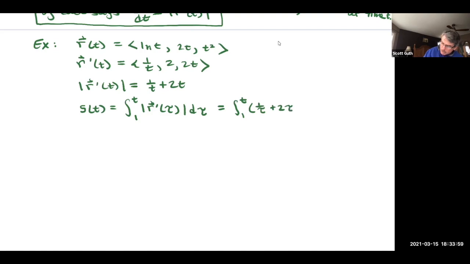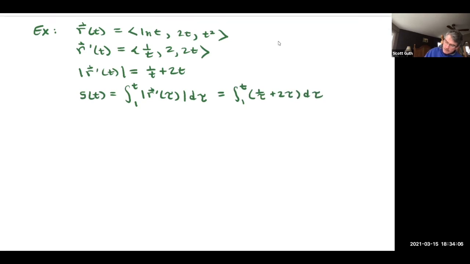And of course, this is the integral we did just a second ago. So that's the natural log of tau from 1 to t plus tau squared from 1 to t, like that.